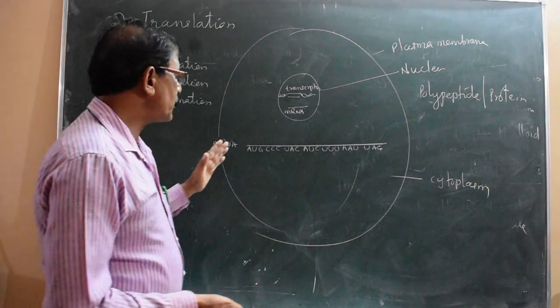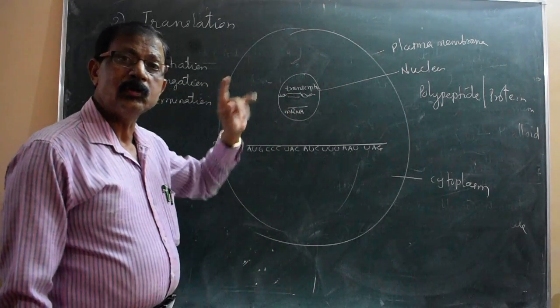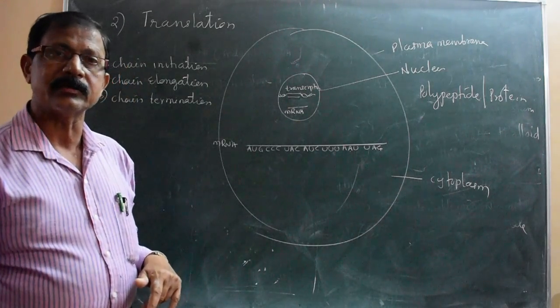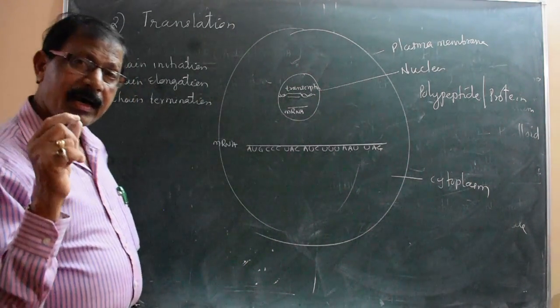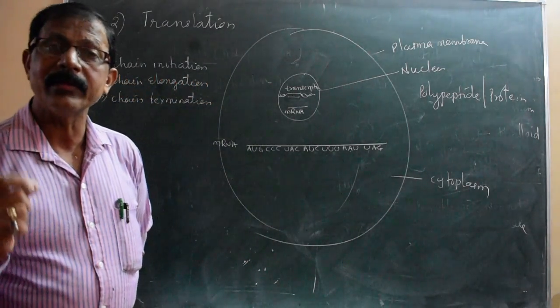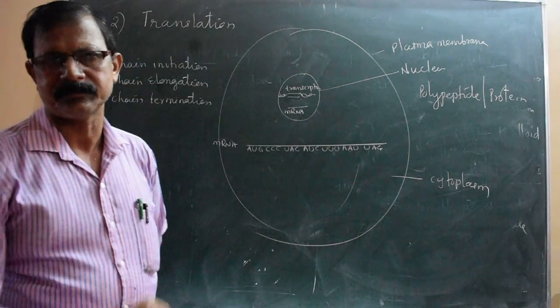The aminoacylation process takes place in such a way that DNA produces tRNA, and mRNA is produced. Next, tRNA is produced, and I already told you that tRNA has two ends. One end has the anticodon, and the other end is the amino acid binding end.